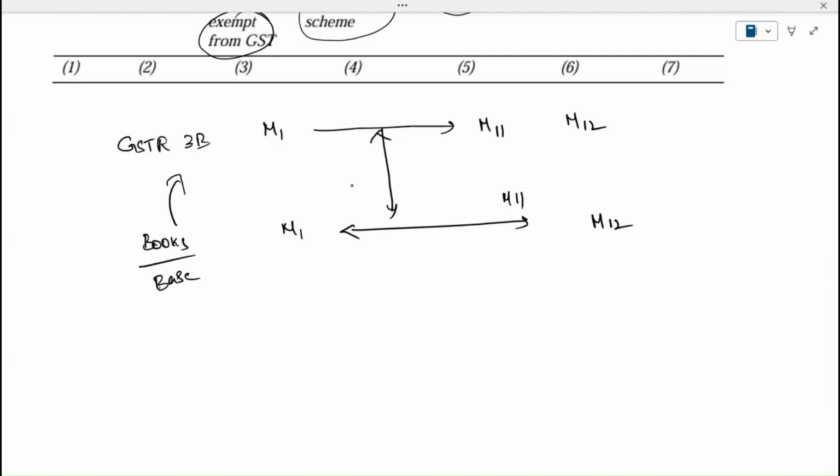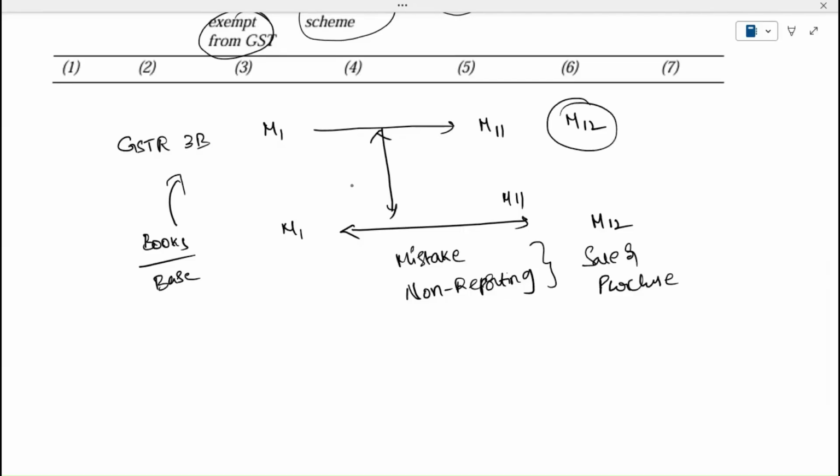In case there is any mistake, in case there is any non-reporting of either sales or purchase for these 11 months, my golden period, month 12, acts as a base to do all those corrections.